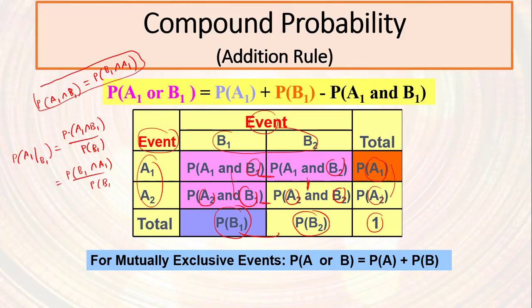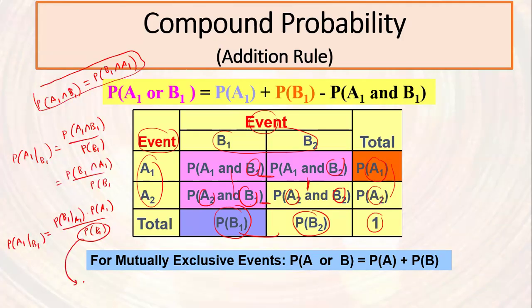You can even write down the same thing as the probability of A1 given B1 equal to probability of B1 given A1 multiplied by probability of A1 divided by probability of B1. So this is the total probability, right?